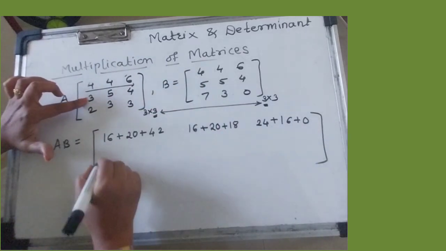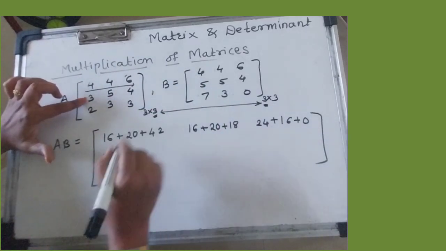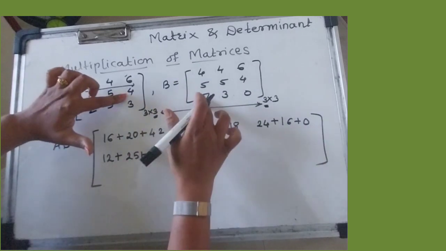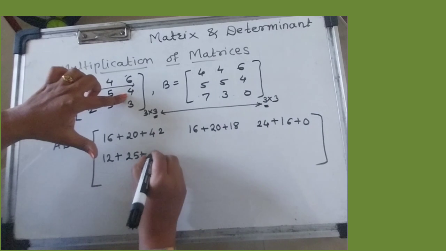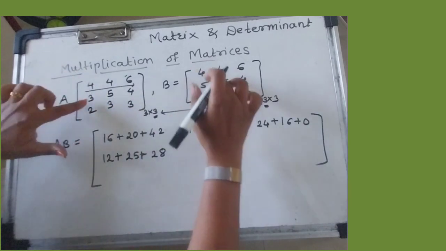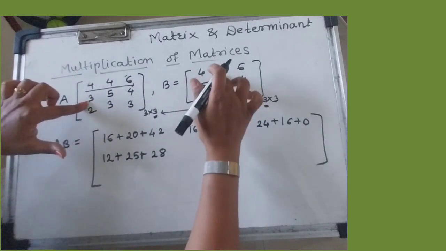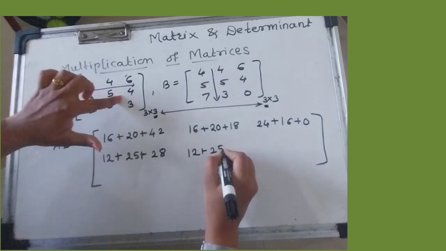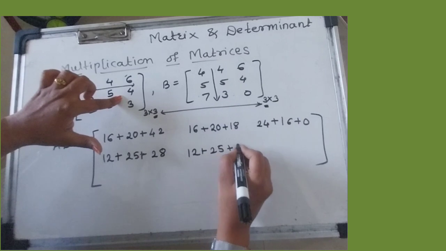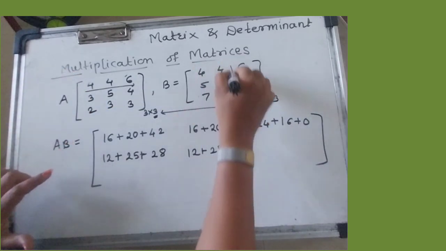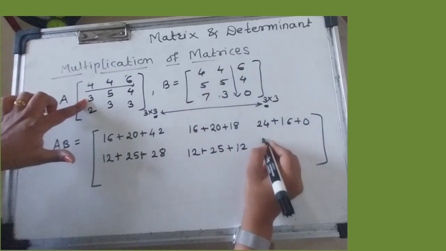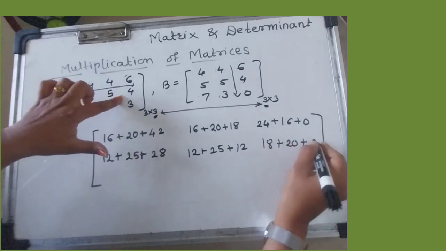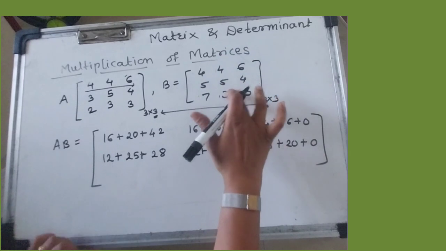3 into 4, it is 12, plus 5 into 5, it is 25, plus 7 into 4, 28. Shift the column. 4 into 3, 12, plus 5 into 5, 25, plus 4 into 3, it is 12. Shift the column. 6 into 3, it is 18, plus 5 into 4, it is 20, plus 4 into 0, it is 0.